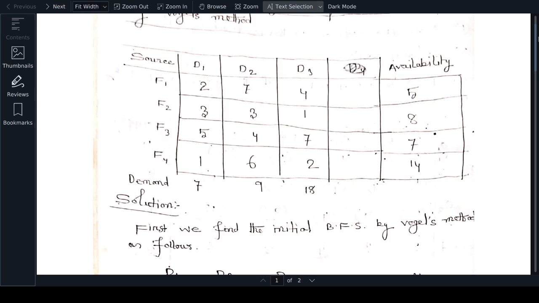If not balanced, then our aim is to make it balanced by adding one extra column or extra row. This depends on where the deficiency is, in demand or in availability. So in this way we use it. So this is clear?